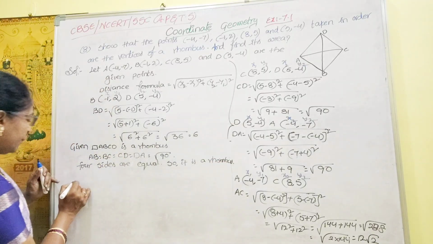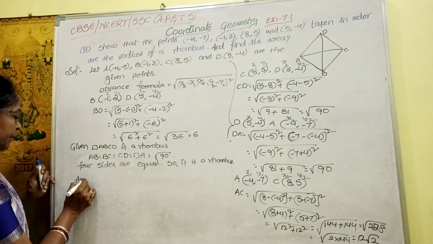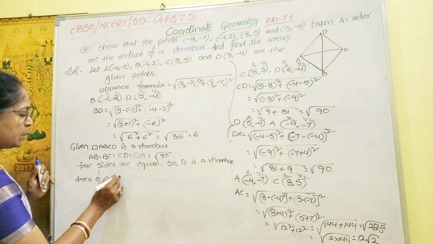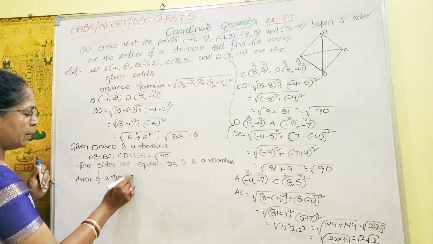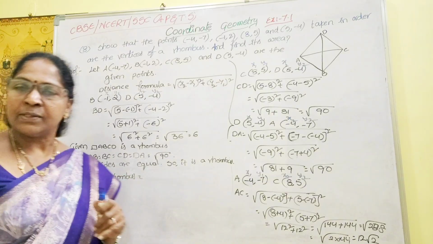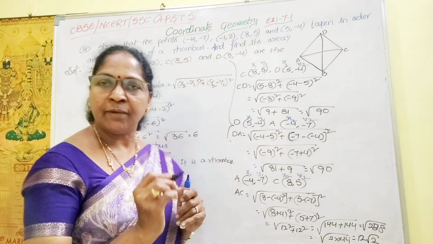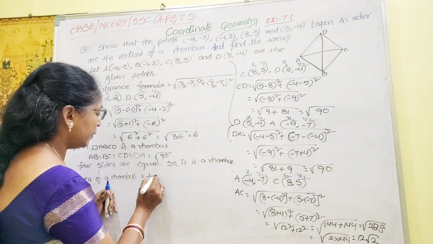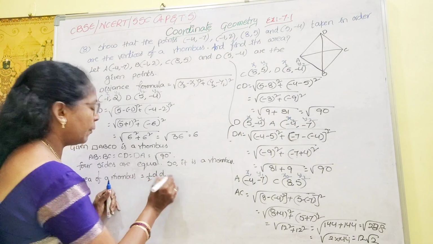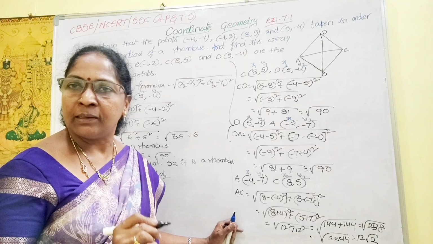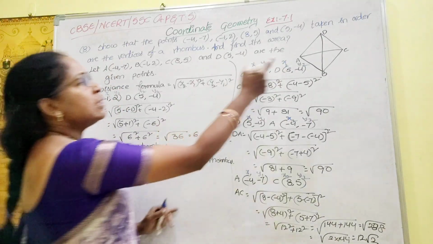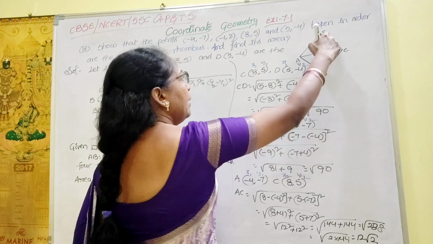Now, area of the rhombus. What's the formula? Area of a rhombus equals half of D1 D2, where D1 and D2 are the diagonals of a rhombus. So here the diagonals are AC and BD.